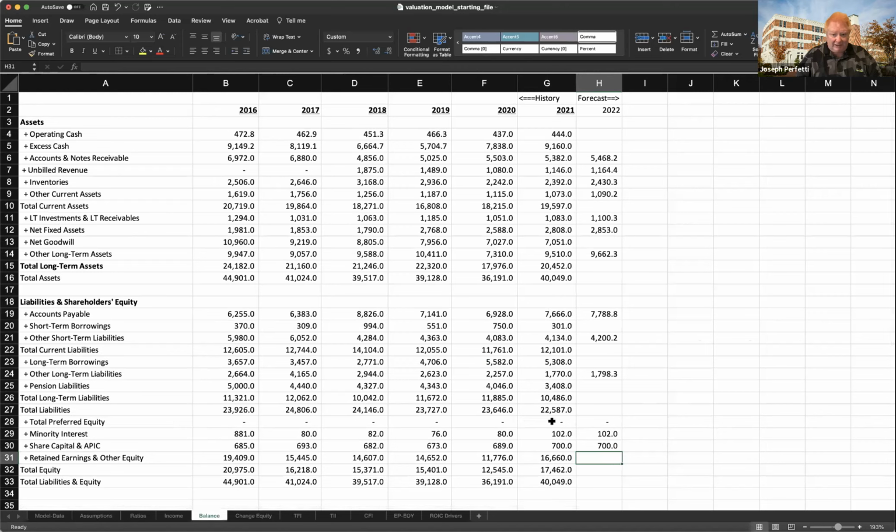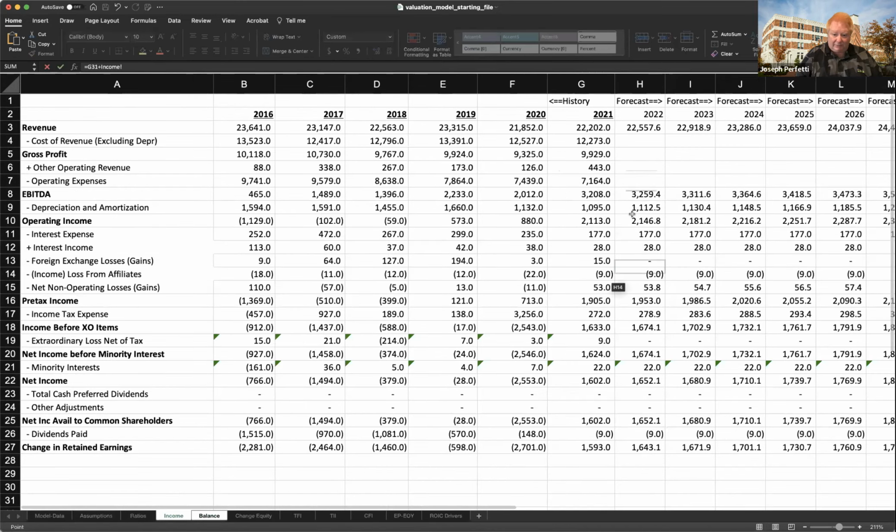For 2022, retained earnings equals 2021 retained earnings, G31, plus, from the income tab, the 2022 change in retained earnings, income H27, which is the income minus the dividends.